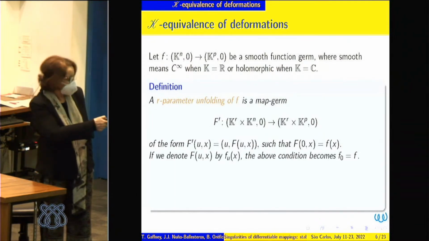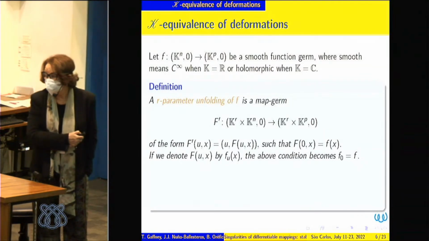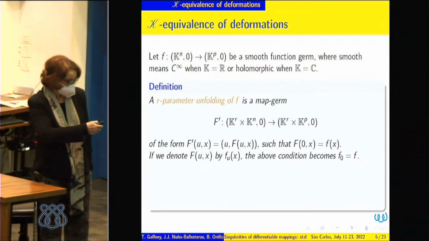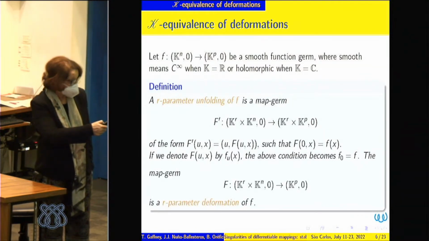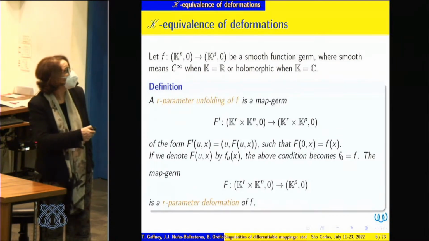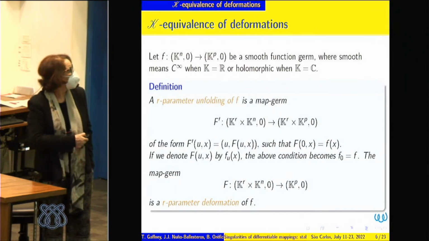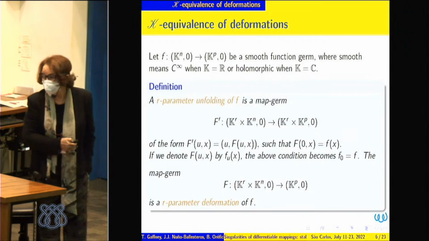So F prime is the unfolding, and F is the deformation. Okay? So F from K^r × K^n, 0 to K^p is an r-parameter deformation of f.